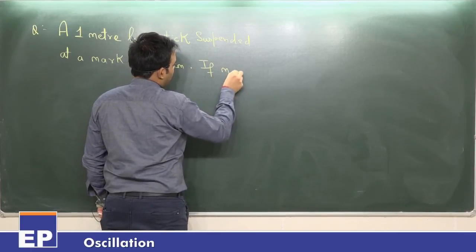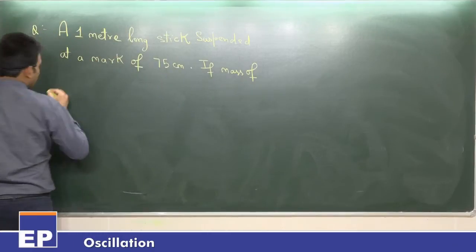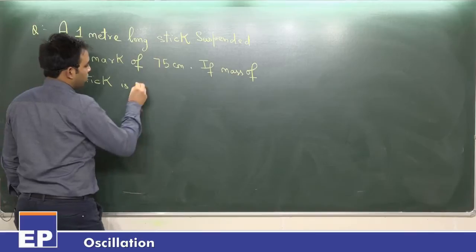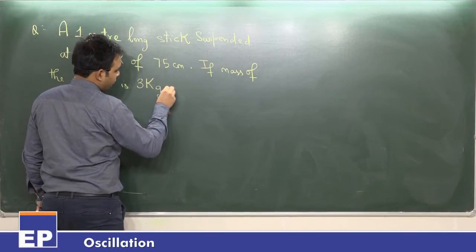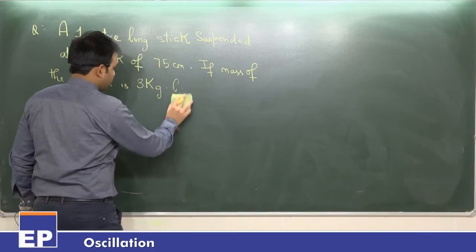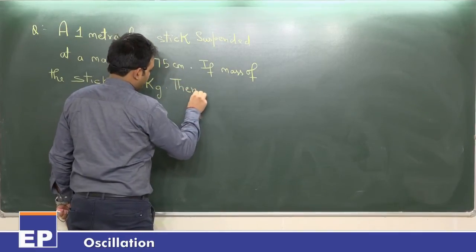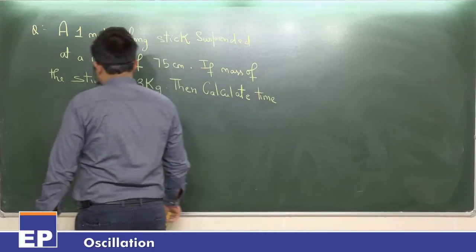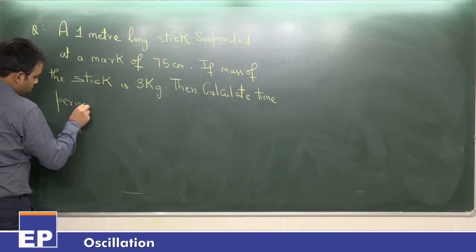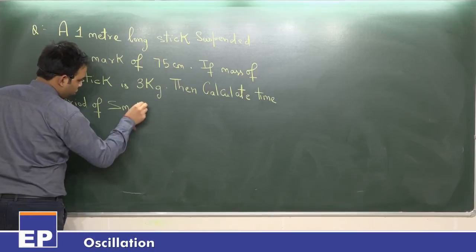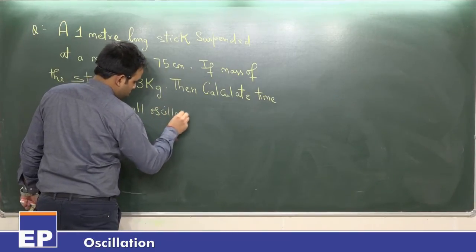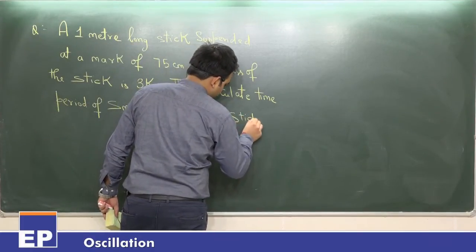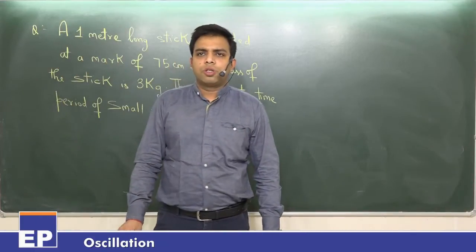If mass of the stick is 3 kg, then calculate time period of small oscillations of stick. Matlab we have to calculate time period of small oscillations of the stick here.